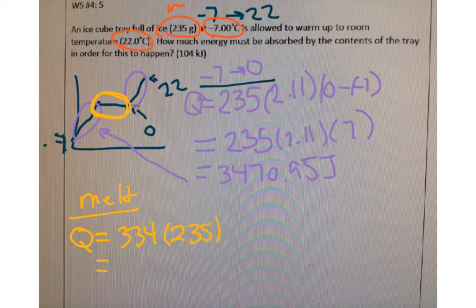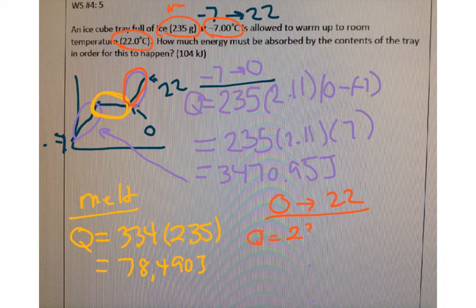Okay. And now I'm going to deal with the change in energy from 0 to 22 degrees. So whenever you once again change your temperature, you're going to do Q equals MCAT. So Q equals, once again my mass has not changed, it's 235. My C in this case for liquid water is that 4.18, because I know that it's going to be liquid water from any temperature between 0 and 100.